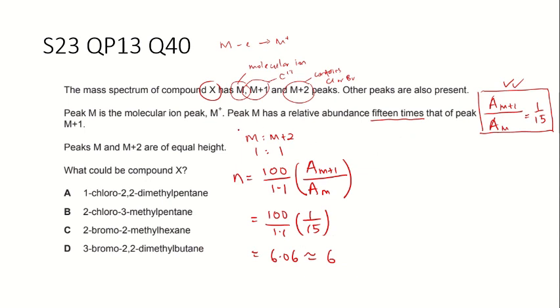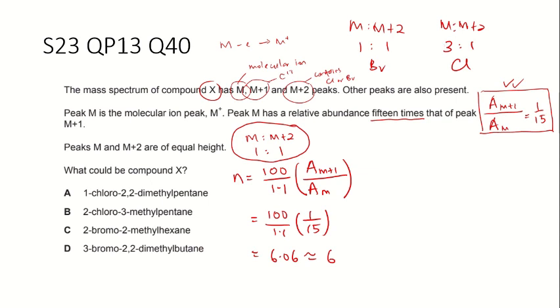Now let's process the second one. The second piece of information: M and M plus 2 peaks are of equal height. Now, M plus 2 means X contains chlorine or bromine. If the ratio of M to M plus 2 is 1 to 1, the sample contains bromine. If M to M plus 2 has a ratio of 3 to 1 in terms of height, then X contains chlorine.